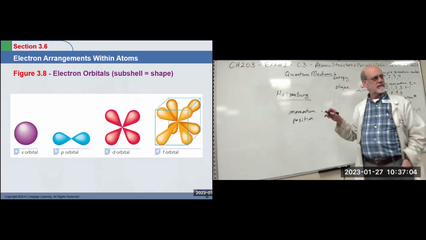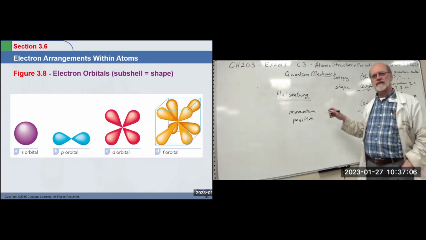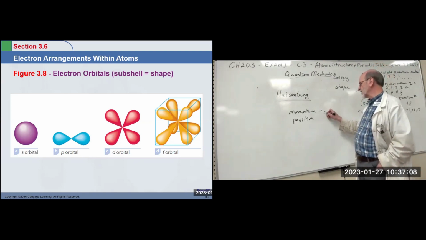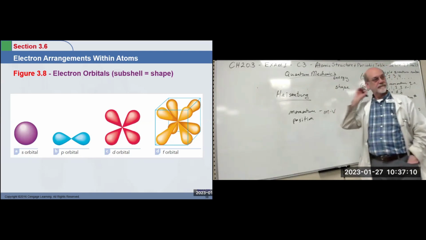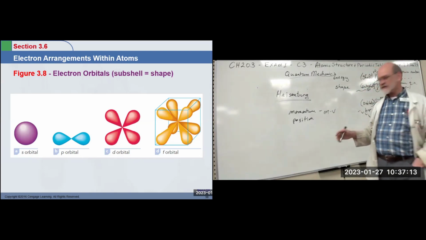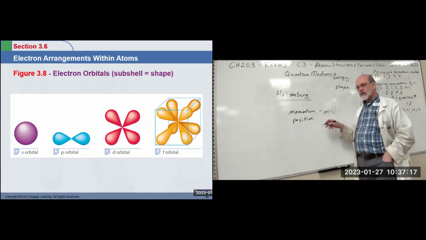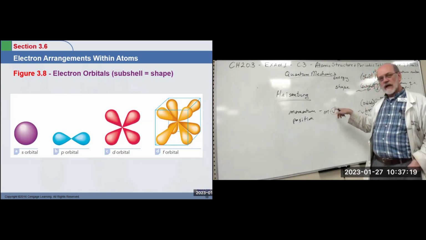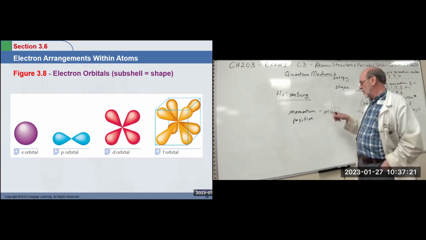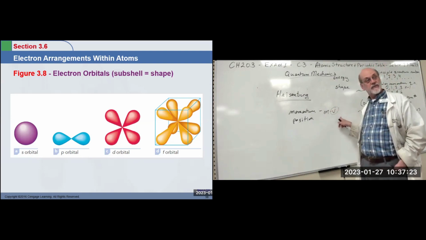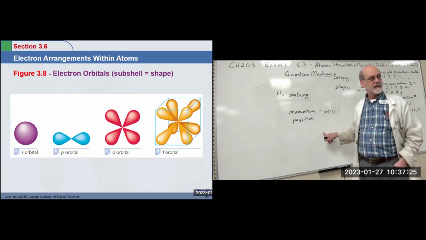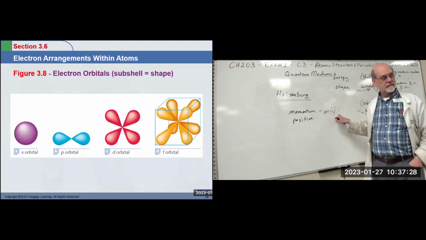And momentum, oh, you haven't had physics. Okay. Momentum is mass times velocity. Right? And since the mass doesn't change, we're interested in the velocity. So at this level, you can't know both how fast the thing is moving and where it is. And fast refers to energy.